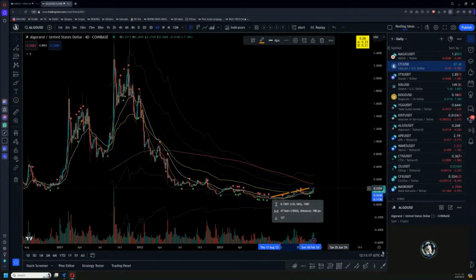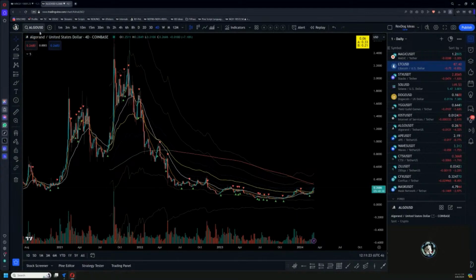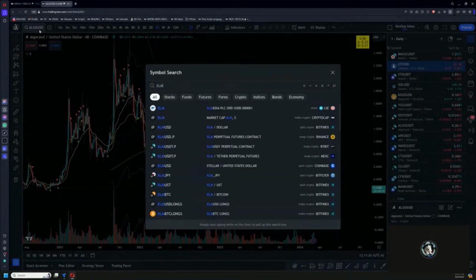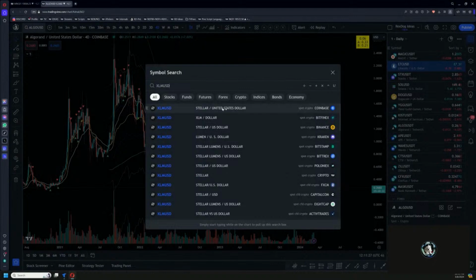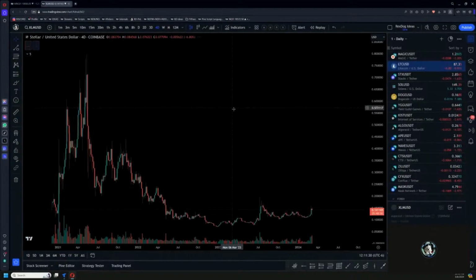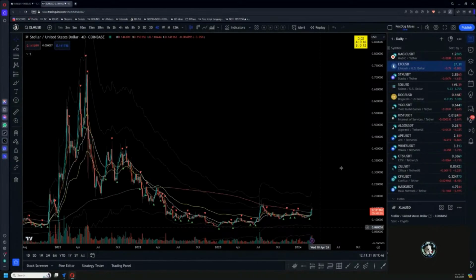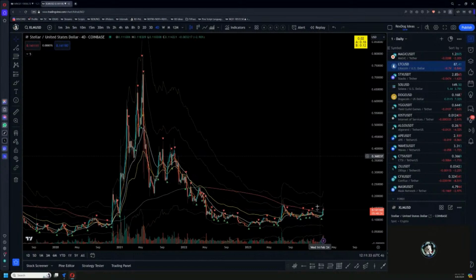Stellar. I didn't even know Stellar's still around. XLM USD. Ooh, my basis isn't as good there.